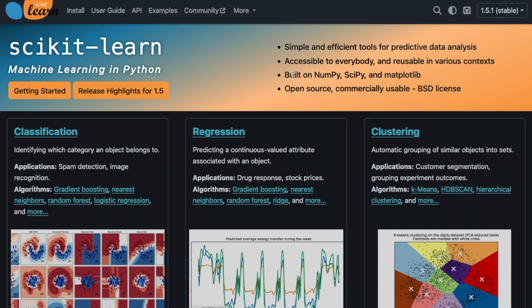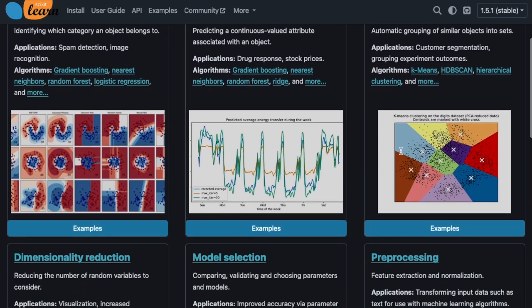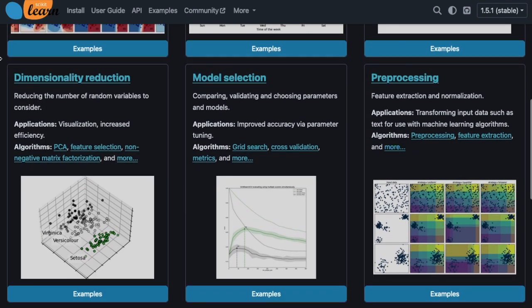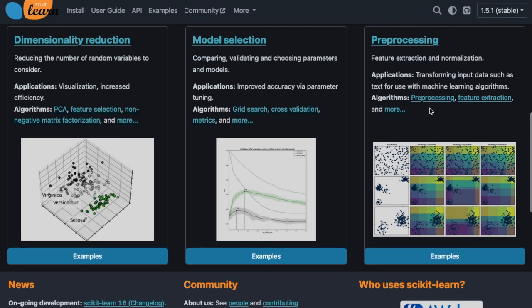Scikit-learn is the machine learning library for Python. In scikit-learn, you will see classification techniques, regression techniques, clustering techniques, techniques for dimension reduction, model selection, and pre-processing data.